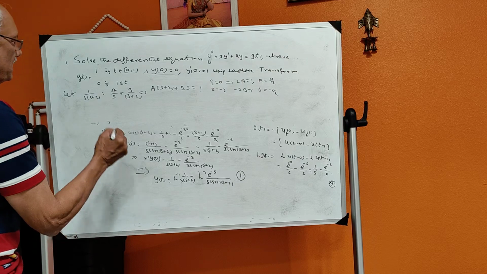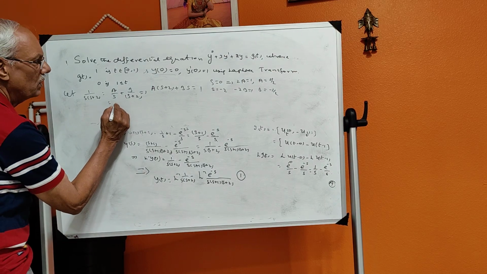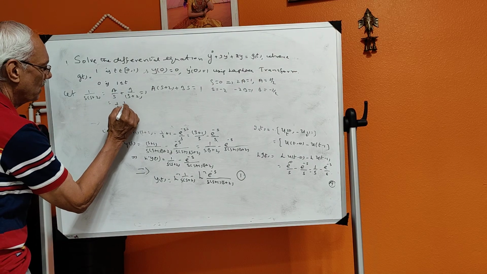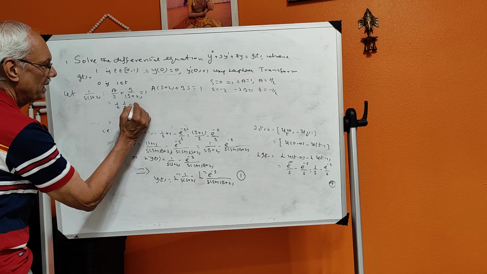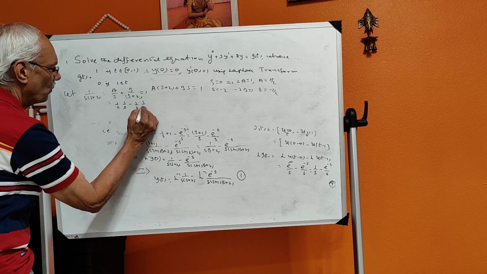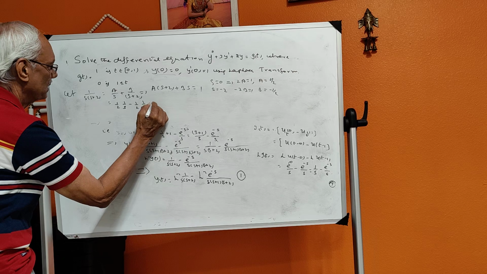So what will you get here? So this is equal to half 1 by s minus half of 1 by s plus 2.